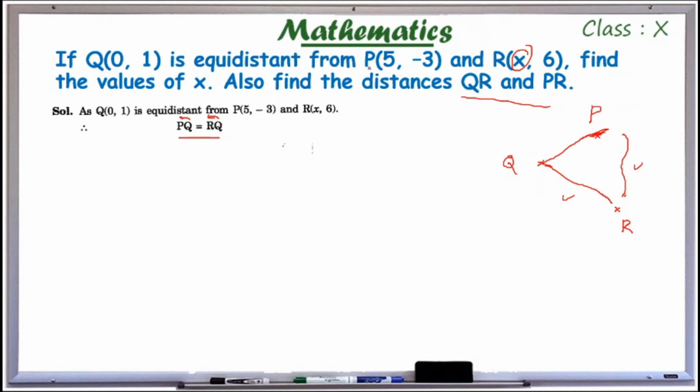I am going to find the distance PQ using the distance formula: root of 5 square, since 5 minus 0 is 5, plus (minus 3 minus 1) which is 4 square, which is equal to RQ, the distance between R and Q, which is equal to root of x square plus 5 square.